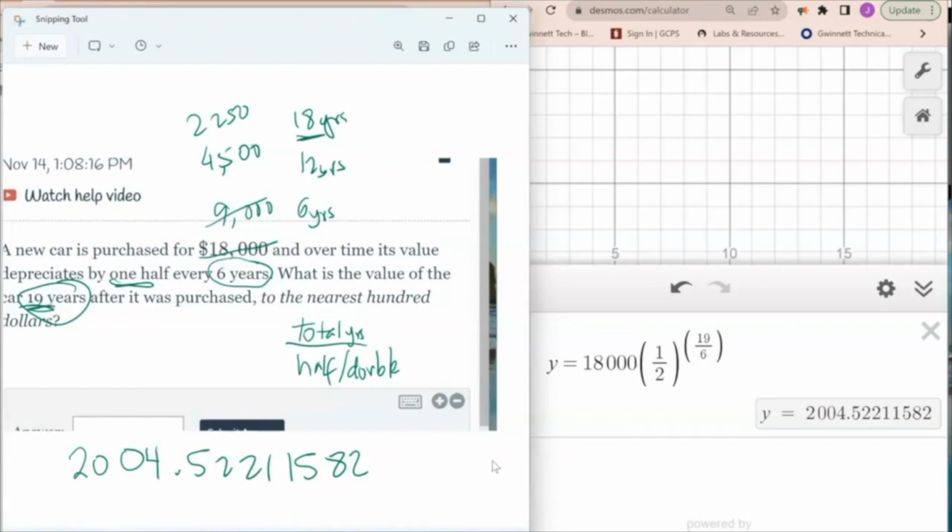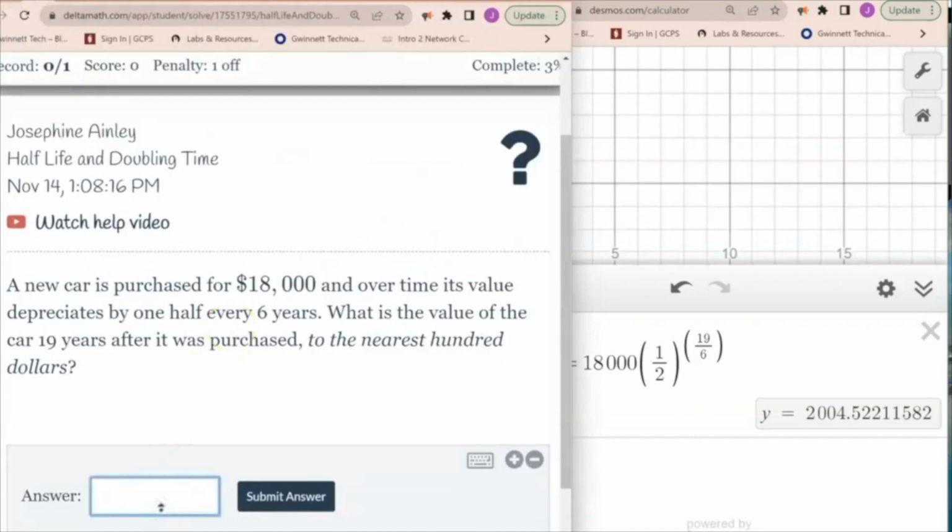Nearest hundreds of dollars is right here, because it's 2,000, no hundreds, no tens, and $4. So for the nearest 100, is this 004 close to $0 or close to $100? It's close to $0. So this will be 2,000 to the nearest $100. So you come here, 2,000.